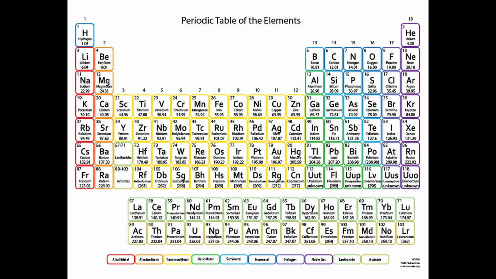But if I add one proton to its 79 protons, and you can see gold there by number 79, in column 11, row 6, the symbol is Au, and you have a 79 in the upper left corner, and that's the number of protons. If I add 1 to that, suddenly it has 80 protons, and that's going to move to the right to be Hg, mercury, not gold.